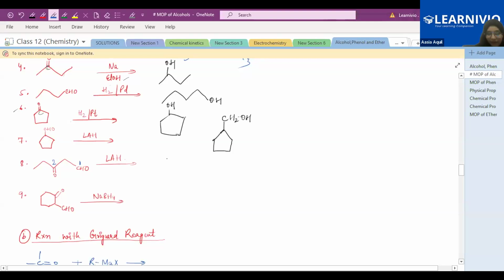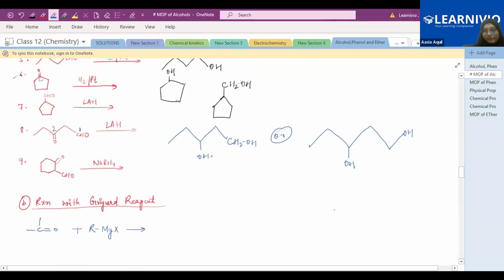Okay. And here you can just attach it. You can also draw it like carbon 1, 2, 3, 4, and this 5 carbon, and here the OH group, right? This is the fifth carbon, and this is the OH group, and here this ketone.